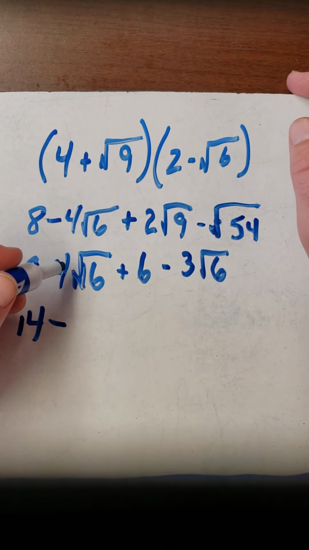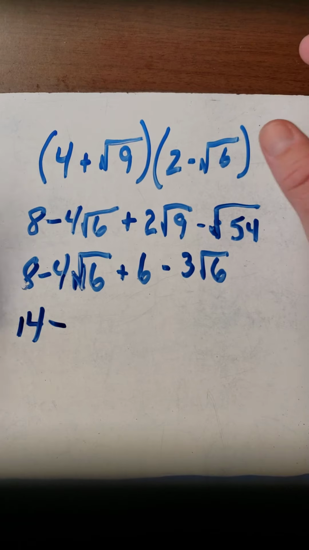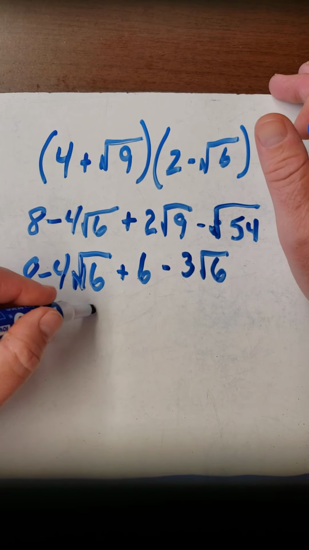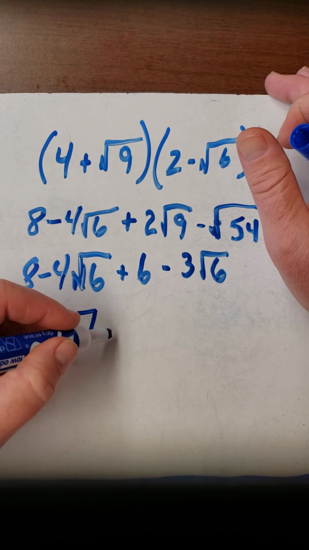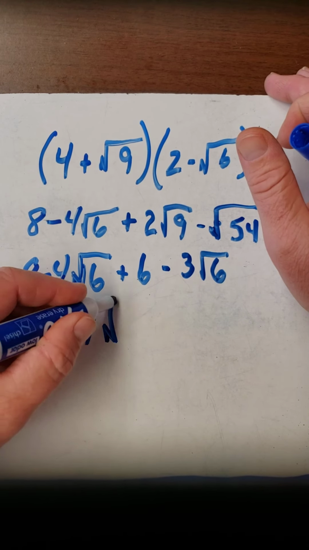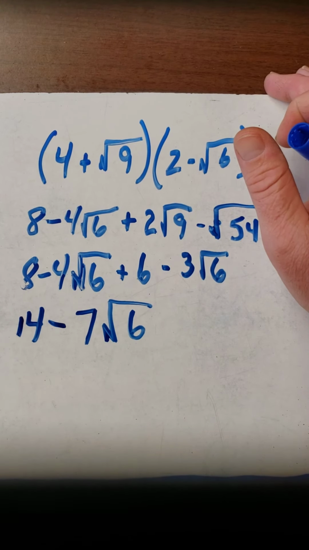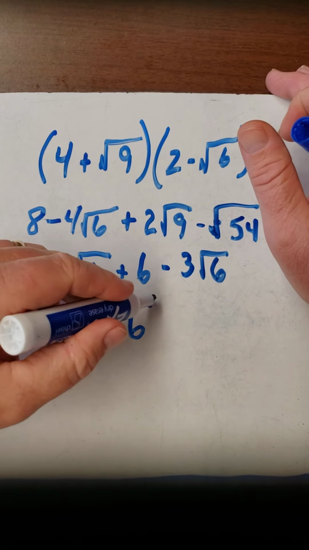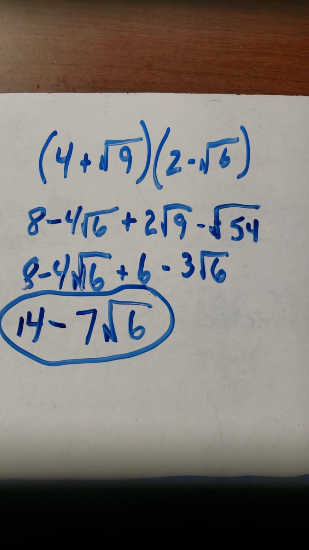And then we go the negative 4, basically plus negative 3, which is negative 7 or minus 7. Okay. And the square root of 6. Sorry, I got confused there for a minute. That's your answer. You've simplified it the whole way.